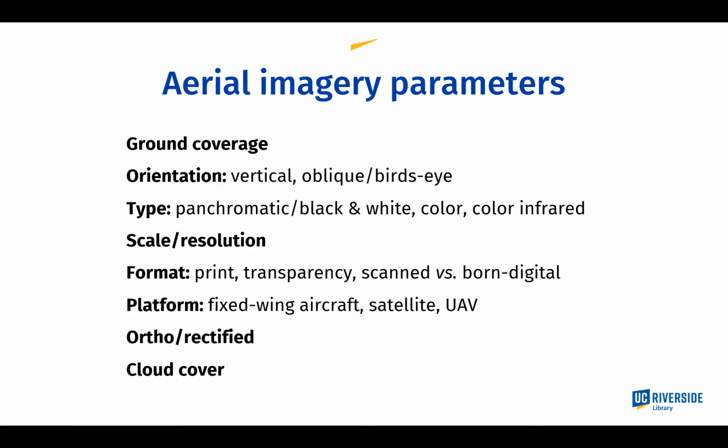And if it's something like that, it was probably scanned to get it into digital format. But then there's other imagery that's born digital and was never anything else. And then what platform was it acquired from? Whether it's fixed wing aircraft or a drone or satellite. And then whether it's orthorectified, which means it's oriented correctly as far as creating a map.